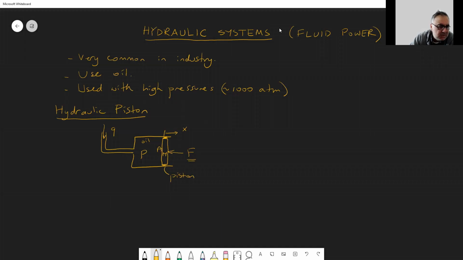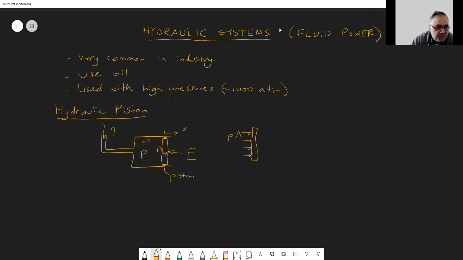Well, the equations are quite simple. If you sum up the forces on the mass, on this piston mass, let's say, the forces are as follows.